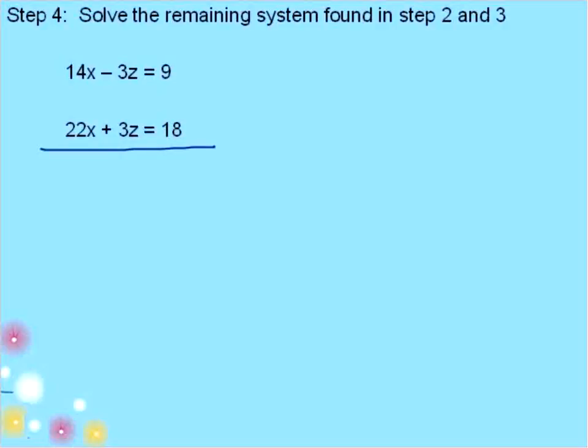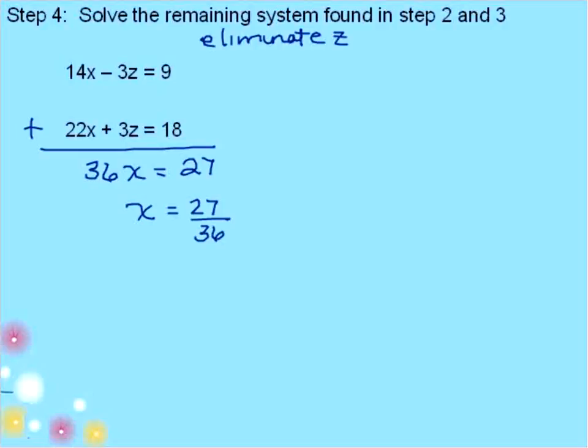So I'm going to work on eliminating z. Adding together, 14x plus 22x gives me 36x, equal to 9 plus 18 gives me 27. Divide both sides by 36, and I get x equal to 27 over 36, which reduces to 3/4.